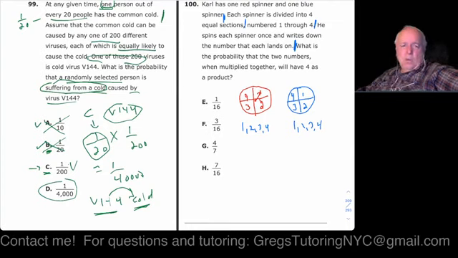All right. So what is the probability that the 2 numbers, one of the choices here times one of the choices here, will have 4 as a product? What we need to seek out is which numbers of those two choices equal 4. Well, 1 times 4 is 4, right? 4 times 1 is 4.